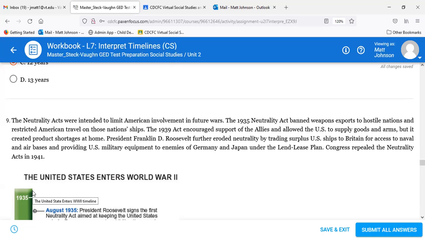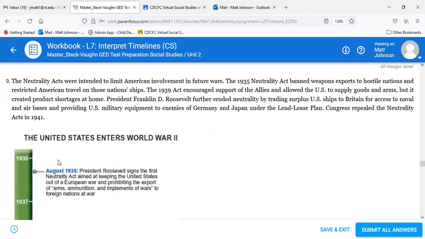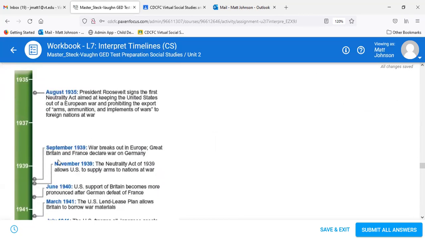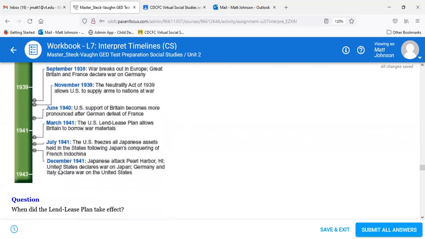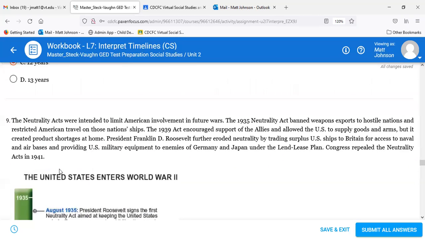President Franklin D. Roosevelt further eroded neutrality by trading surplus US ships to Britain for access to naval and air bases and providing US military equipment to enemies of Germany and Japan under the Lend-Lease Plan. Congress repealed the Neutrality Act in 1941.